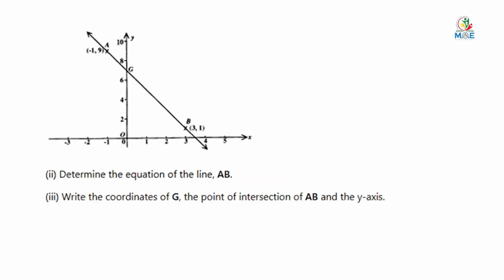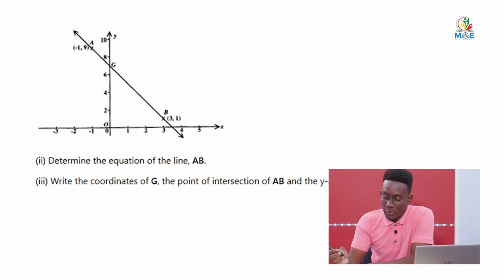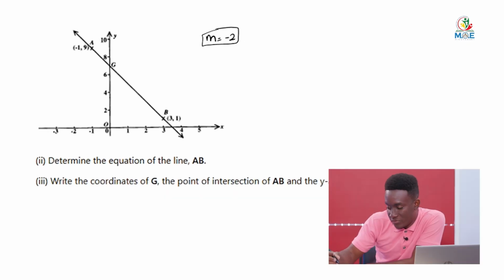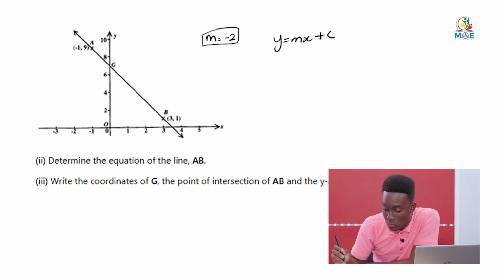The next one says, determine the equation of the line AB. We found the gradient of AB to be negative 2. In order for us to find the equation of the line, we know the equation is y equals mx plus c. The important things we want are the gradient and the y-intercept, the part of the line that crosses the y-axis.